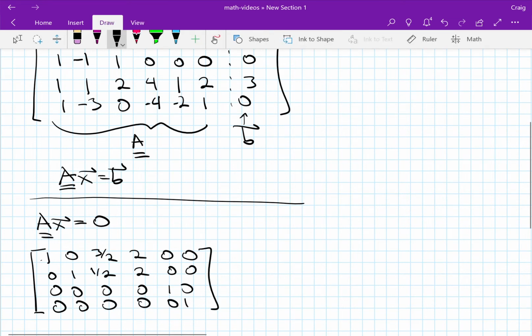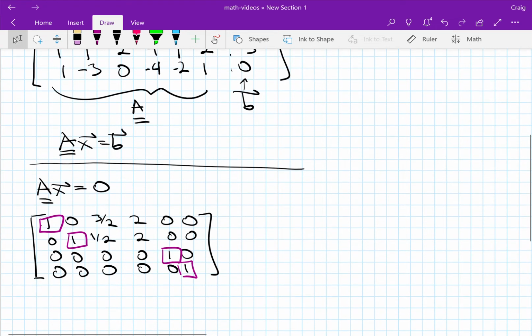So this matrix has 4 leading ones, 1, 2, 3, 4, and 2 free columns.